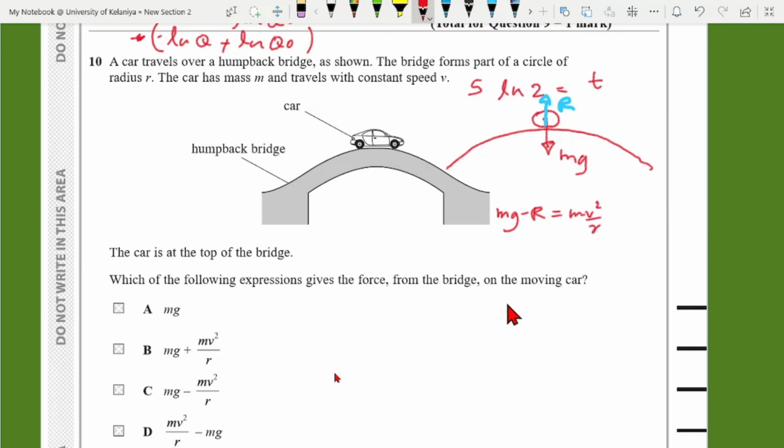What they're asking here is which of the following expressions gives the force from the bridge on the moving car. So they are talking about this normal reaction, right? So I have to make it the subject. If you make it the subject, R will be equal to mg minus mv squared over r. So the answer should be C, right?